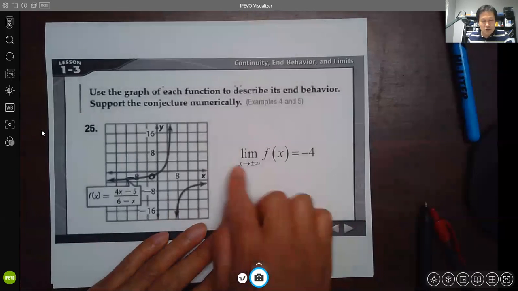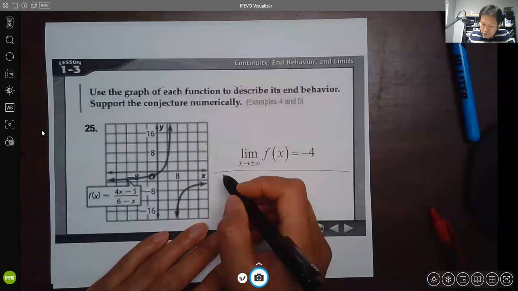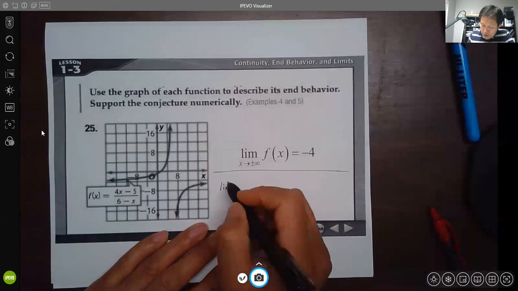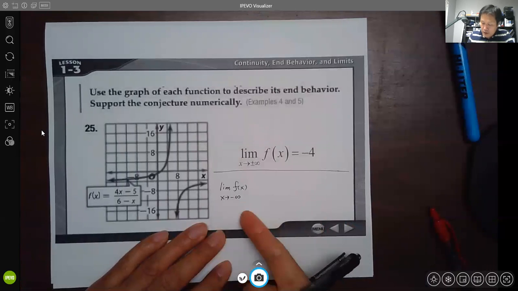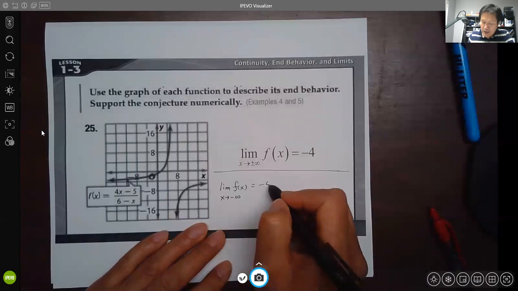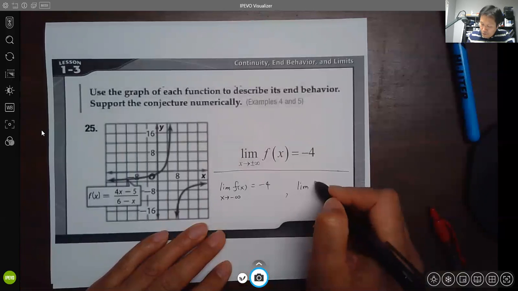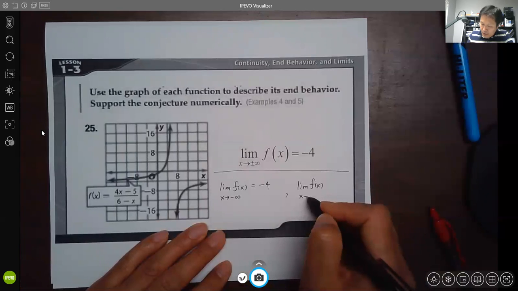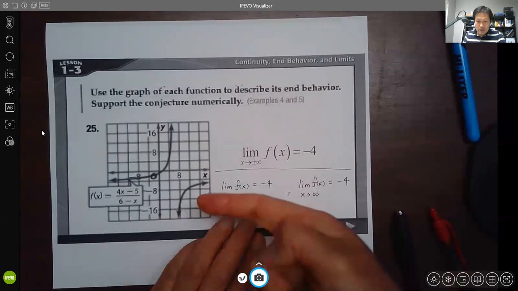Again, I don't particularly like this kind of notation, but I like to write separately: limit of f of x as x approaches -infinity, which is left, is -4. Then limit of f of x as x approaches positive infinity, which is right, is -4.